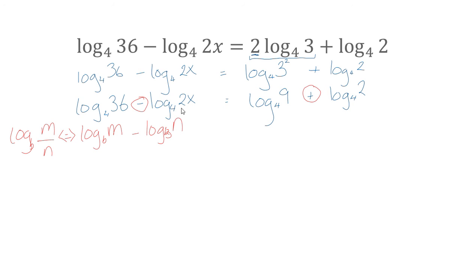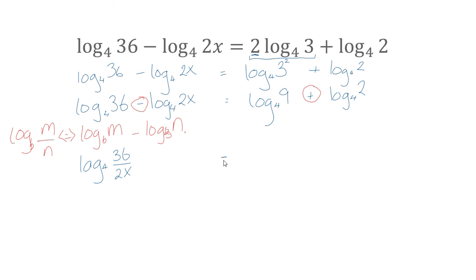So what we have here is the right-hand side of the rule, so we can rewrite all of this into a quotient. We are going to do that on this side, and we are going to write this as the log of 36 divided by 2x to base 4.